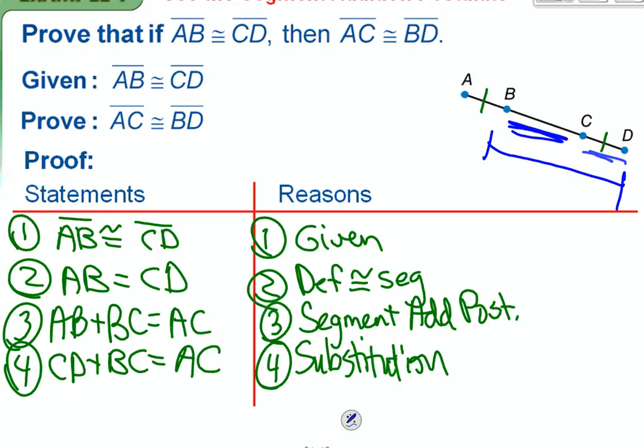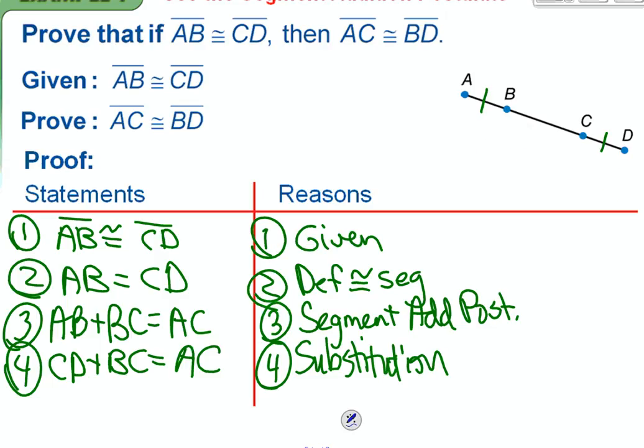Do you agree that that little piece plus that little piece is the whole thing? I need a little bit more affirmative approach there. If I add this piece plus that piece, I get this whole thing. C is between B and D, so the segment addition postulate says if I add this little piece and that little piece, then I get that whole thing.